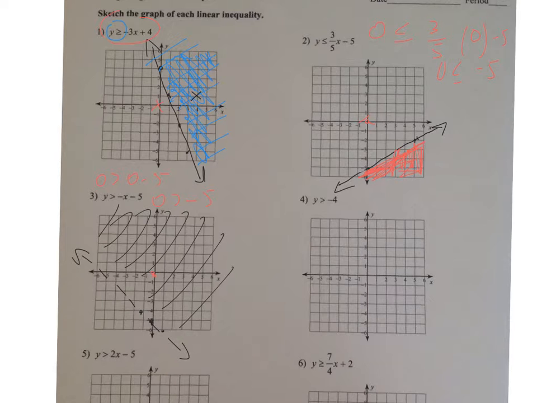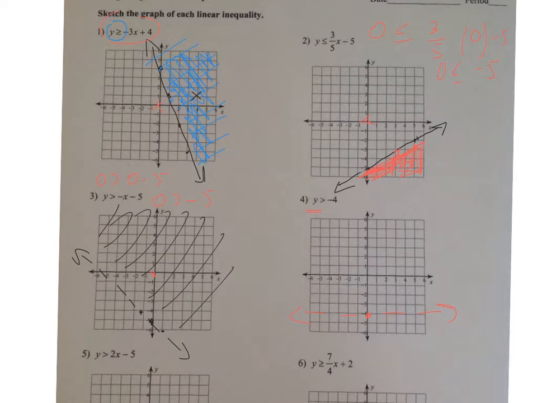Last one, number 4. y is greater than negative 4. So remembering your y-intercept, going down to negative 4, these are horizontal lines, and it's going to be dotted because it doesn't have the equal part to that. y is greater than negative 4.